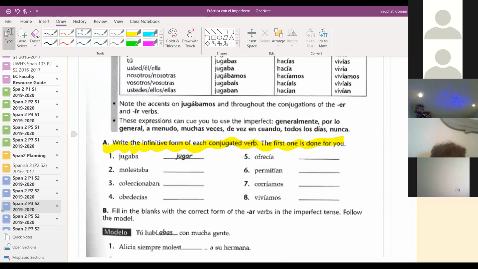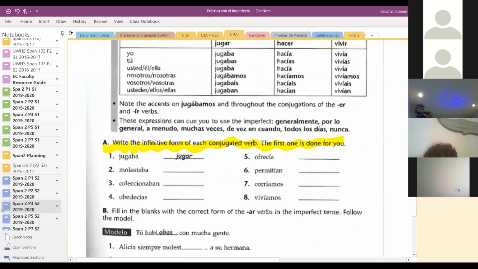So who has the answer for number 2? Kaden, do you have the answer for number 2? Yes. Give it to me. Molestar. Good job. This verb doesn't mean the same as it sounds in English. This verb in Spanish just means to bother.